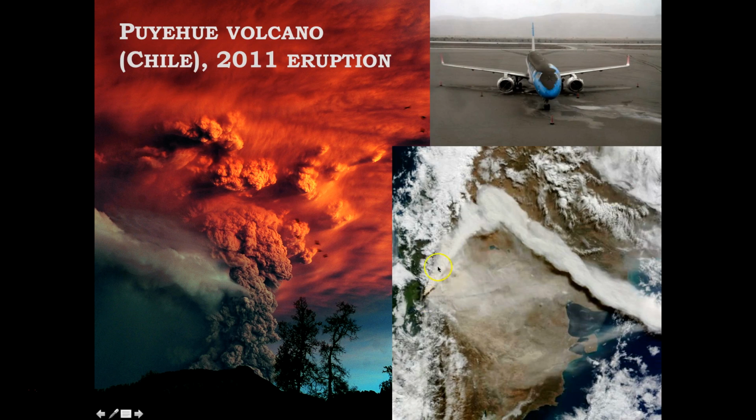And you can see how it impacted the air quality for a while there. The gaseous materials that were released into the atmosphere affected visibility, so airplanes were stranded in airports, but also created a lot of risk for respiratory problems.